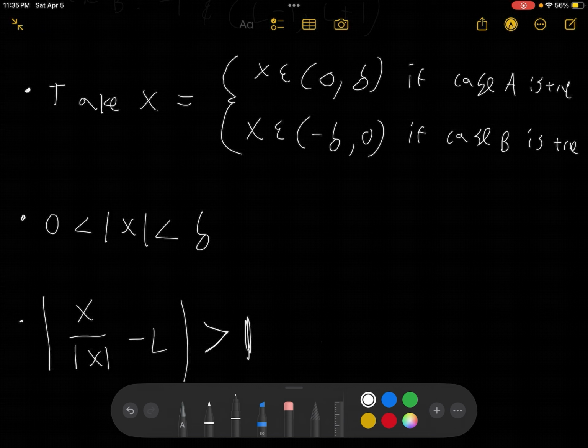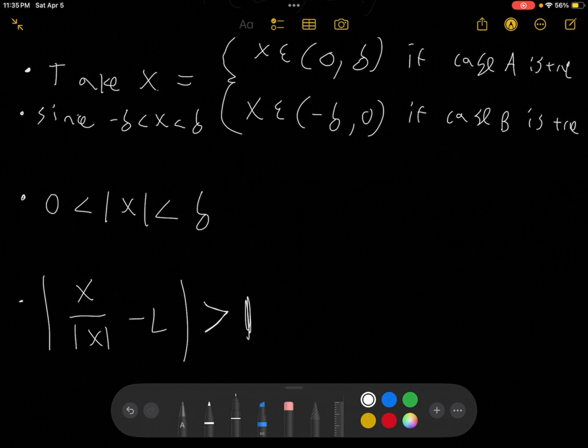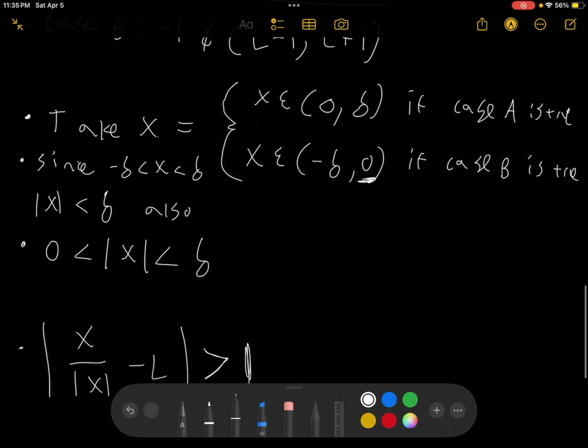So the first inequality is going to be quite simple. We can say since x is between negative delta and delta by our choice of x, then the absolute value of x is less than delta. Also, notice that we did not allow x to be 0, since both of these are open intervals.